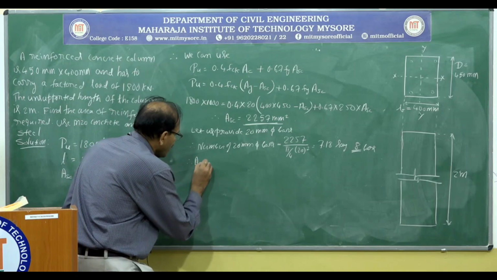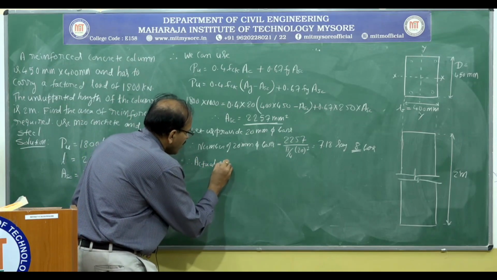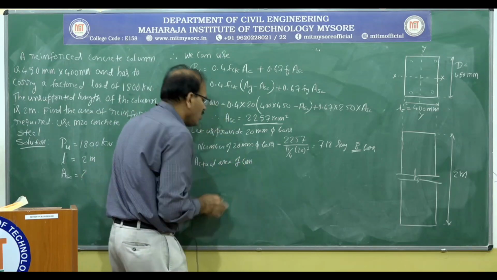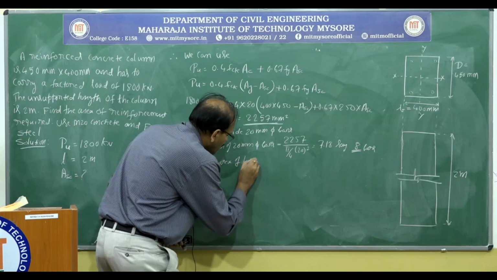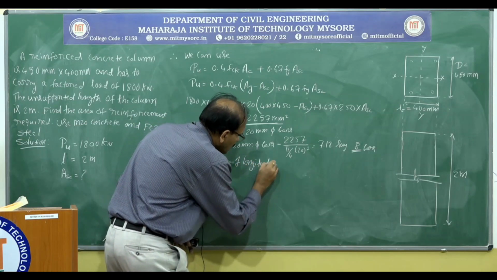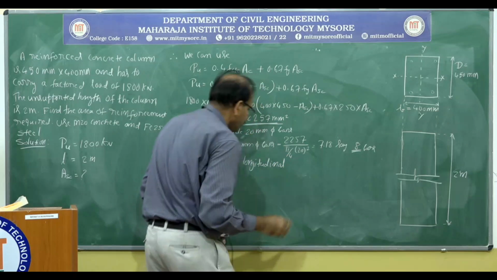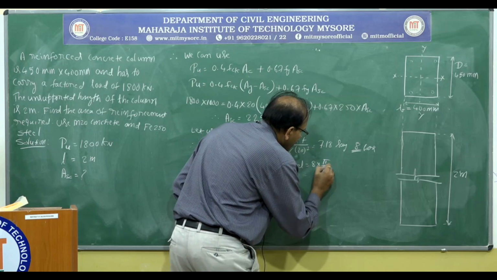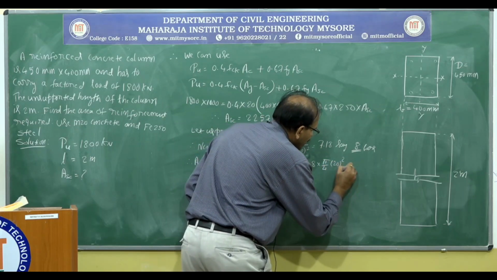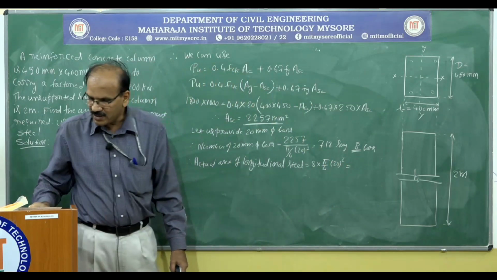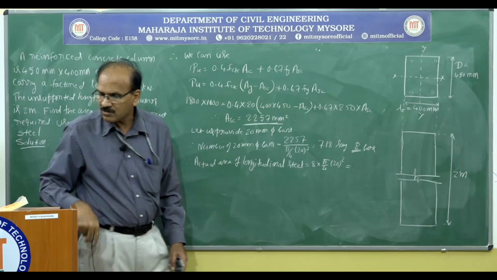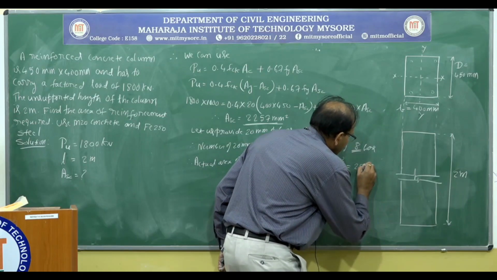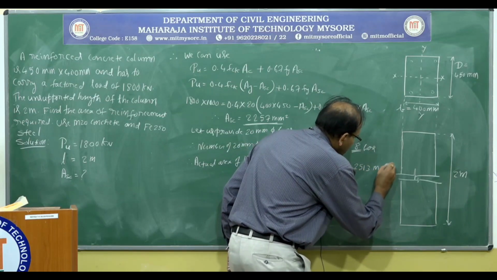Therefore, actual area of compression steel or longitudinal steel or main steel equal to 8 multiplied by pi by 4 multiplied by 20 square. So the actual area we are going to get is 2513 millimeter square.